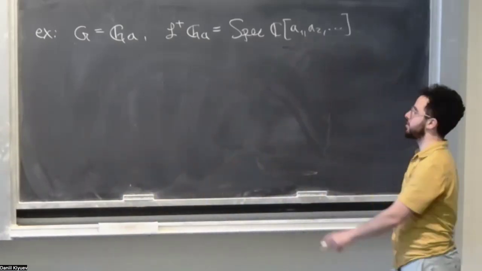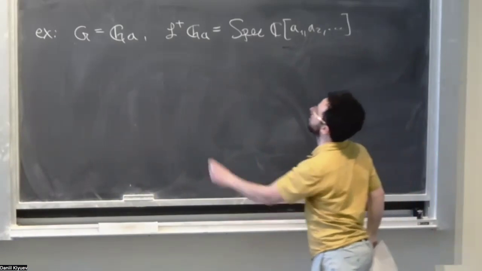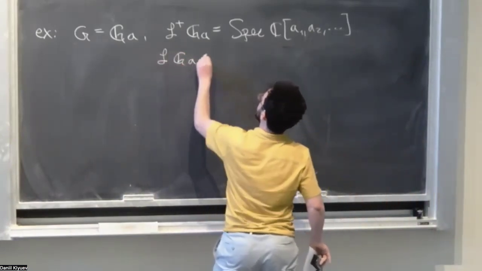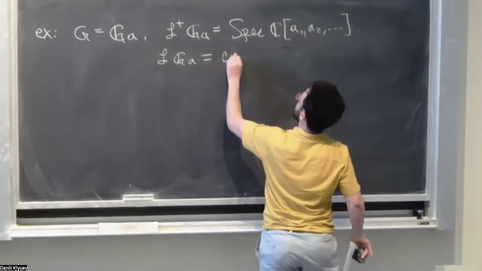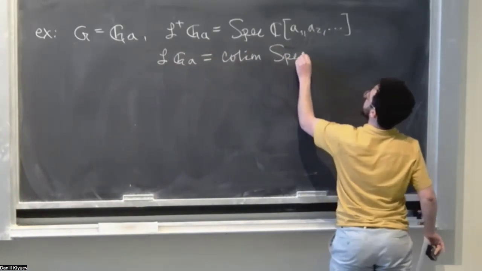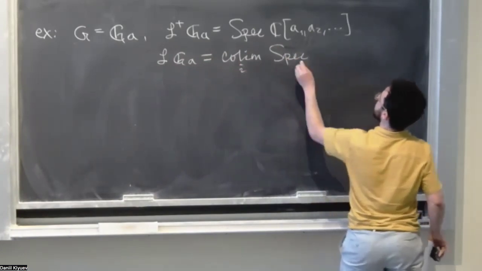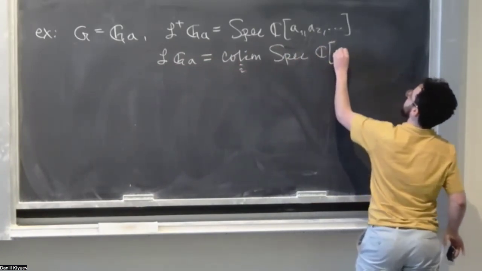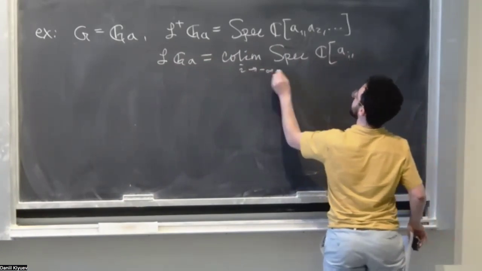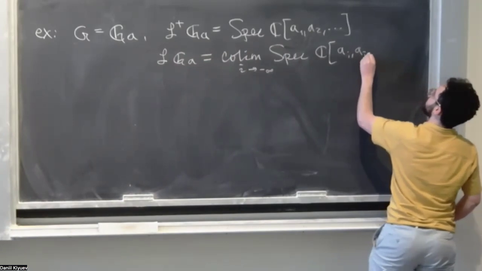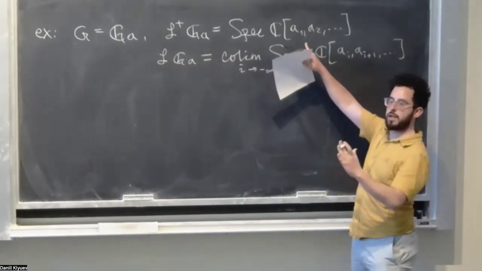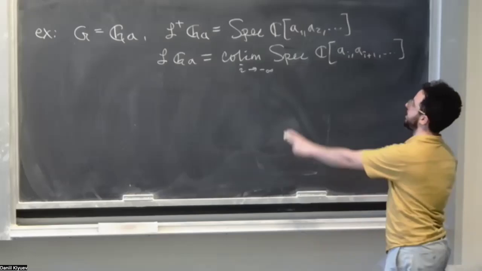So each coefficient gives an additional dimension, and then loop of G_a is going to be the spec of a polynomial ring over i going to minus infinity. Now instead of starting with 1, I'm starting with lower and lower numbers, and then I'm taking a colimit.